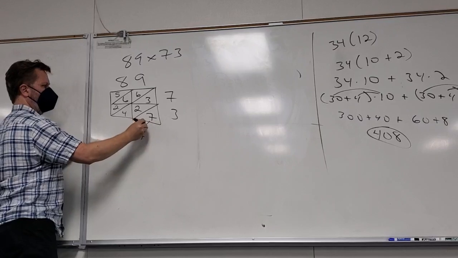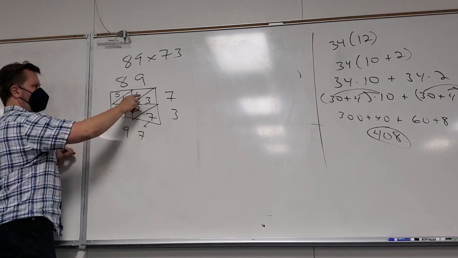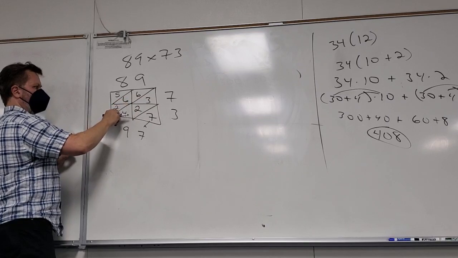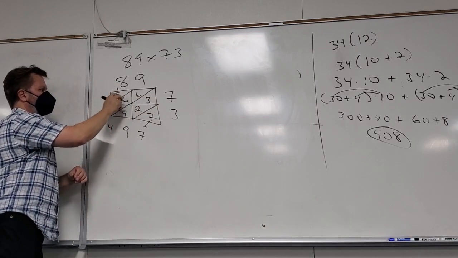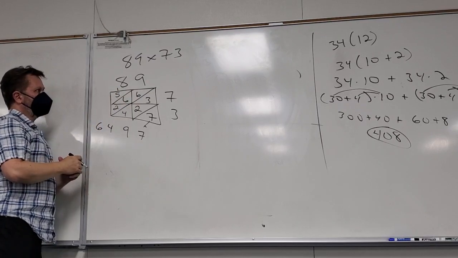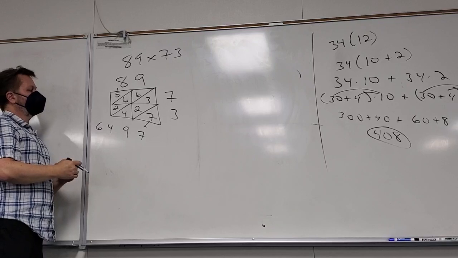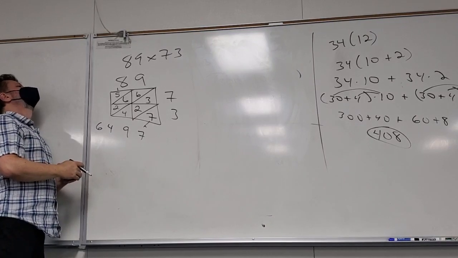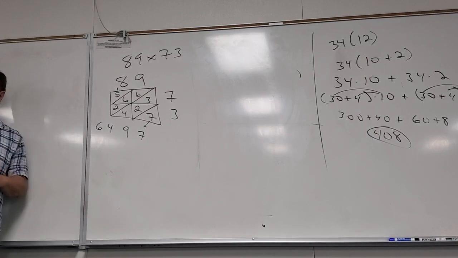So you get 7. 3 plus 2 plus 4 is 9. 6 plus 6 plus 2 is 14. Carry the 1. 1 and 5, 6. Can somebody double check that for me? Seems about right. Yep. All right, sweet.